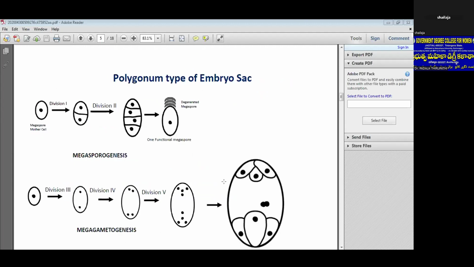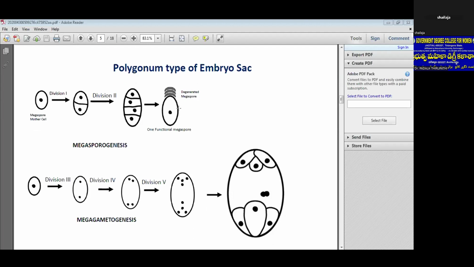See here, I will explain using this diagram. The megaspore mother cell undergoes the first division, and two nuclei are formed. After the second division, four nuclei are formed. But only one megaspore, the chalazal one, is functional; three are degenerated. Then it goes to the fourth and fifth divisions.